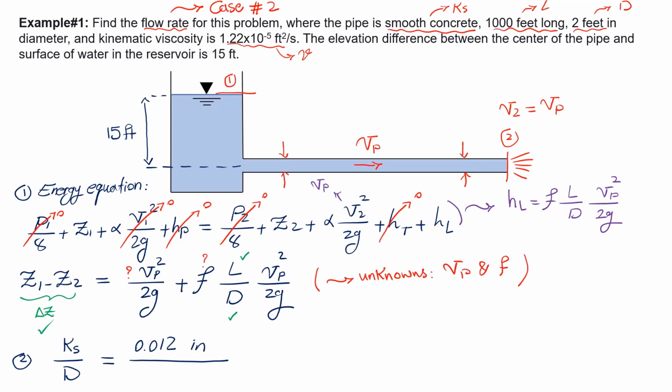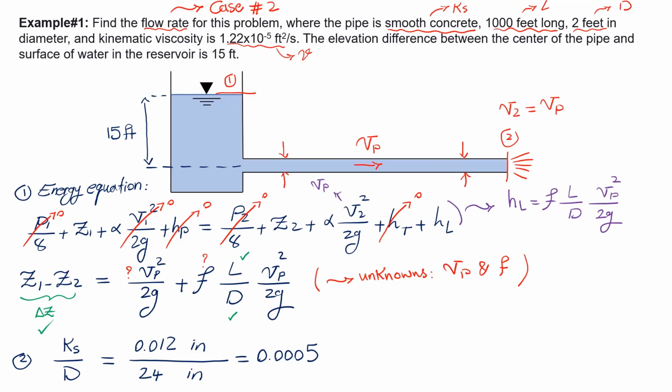And what's the diameter of the pipe in inches? So the diameter is 2 feet. 2 times 12 would be 24 inches, right? So as a result, if you calculate this, your relative roughness would be 0.0005.